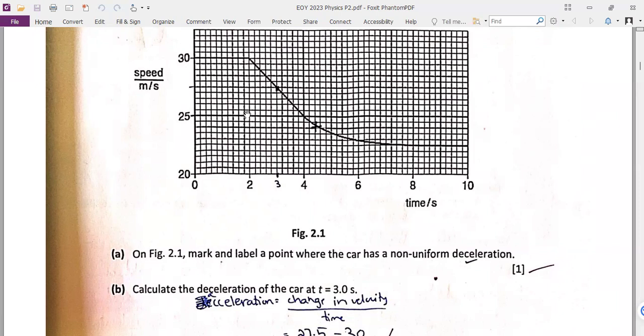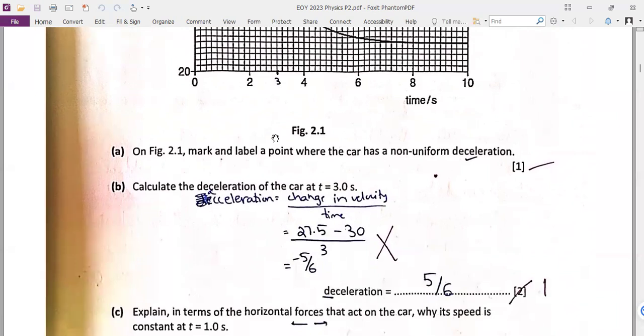If I start from 2 seconds and go all the way to 4 seconds, that gives me a 2 second interval. The speed has decreased from 30 to 25. So this will be the calculation done.